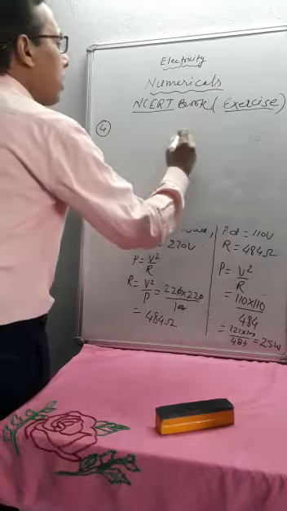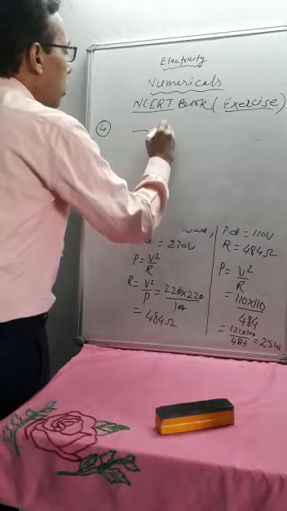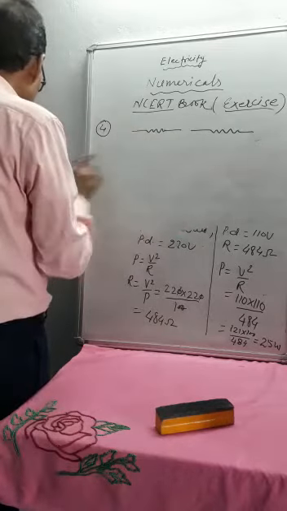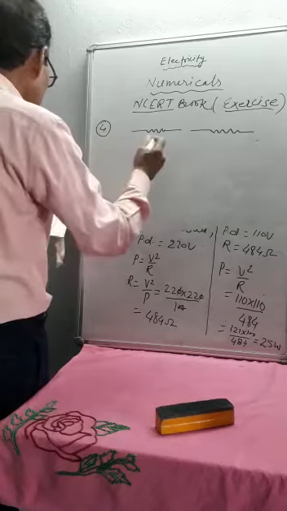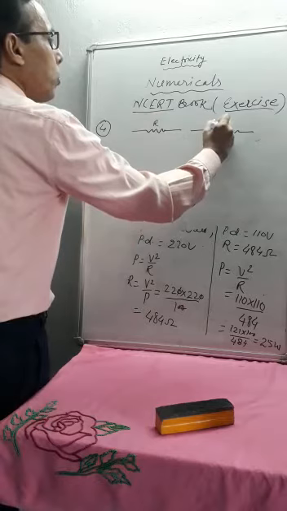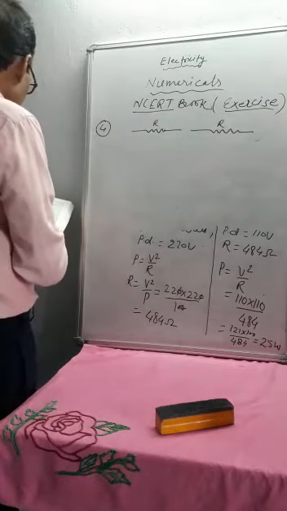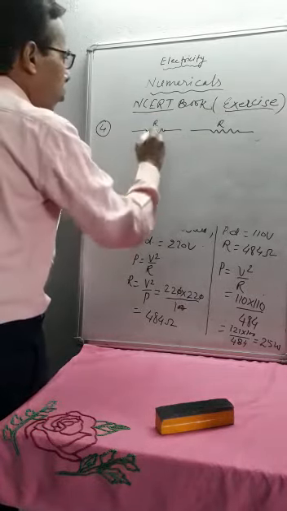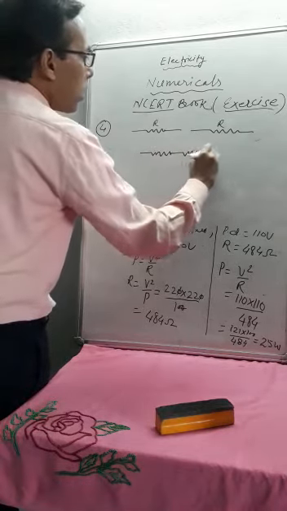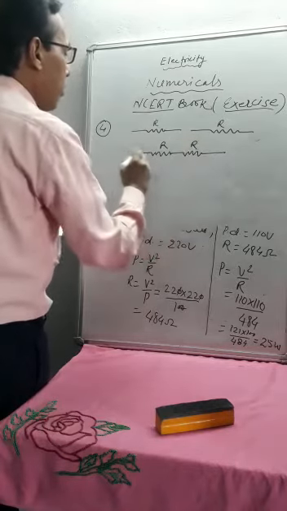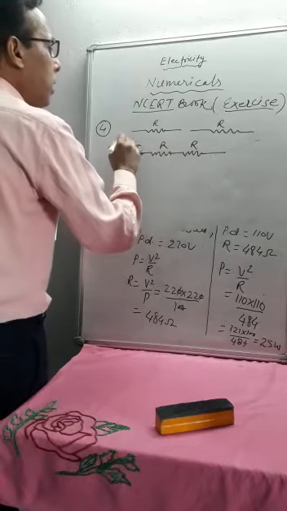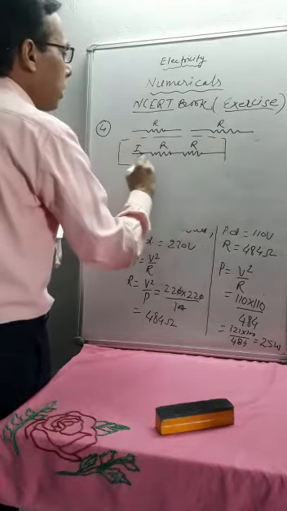Suppose here we consider two resistors, and these two resistors have the same material and equal length. Length is the same, material is the same, so resistance is also the same. First the two resistors are connected in series, that is R and R. Then what is the total resistance of this series combination?